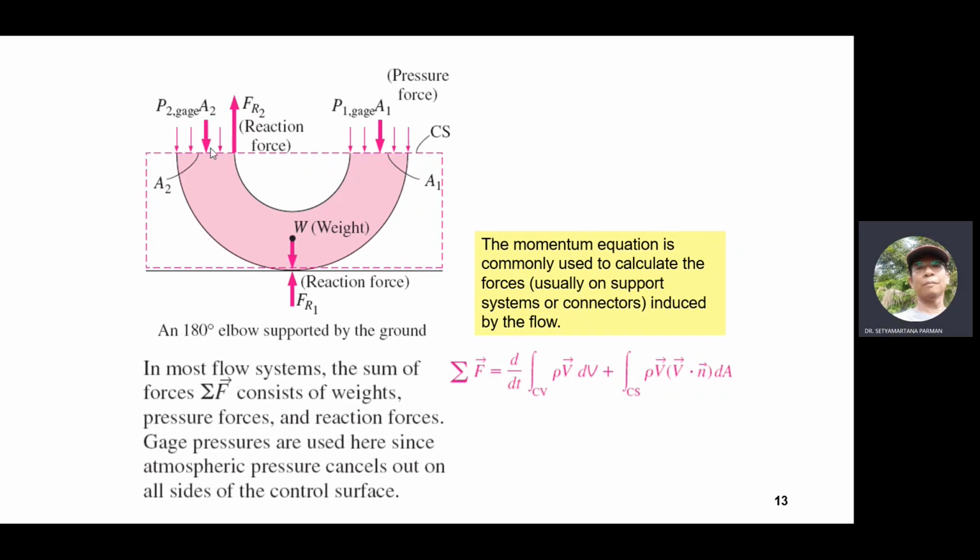If we used absolute pressure, there would be pressure here, and atmospheric pressure on the other parts of the surface. The momentum equation is commonly used to calculate the forces, usually on support systems or connectors, induced by the flow.